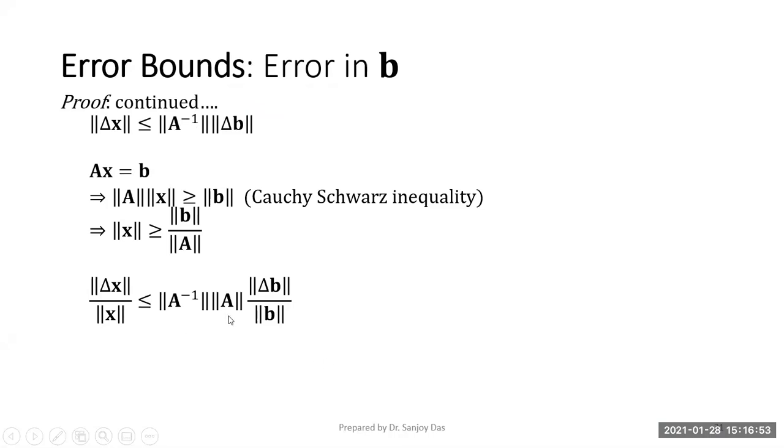Now, what is this? The norm of A inverse times the norm of A. It's the condition number, right? This is the fractional error. I'm using the word fraction in a loose sense, okay? Since we're using norms of vectors. The norm of delta x divided by the norm of x is the fractional error in x. This is the fractional error in b. And bingo. That's what we wanted to prove.